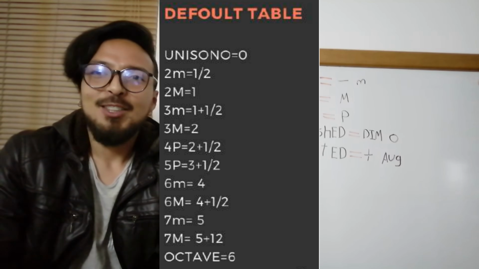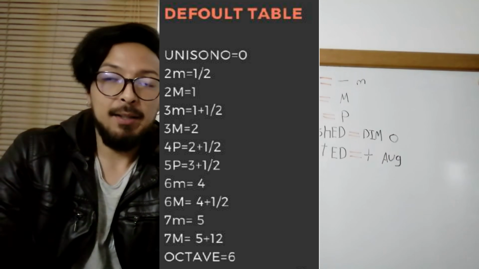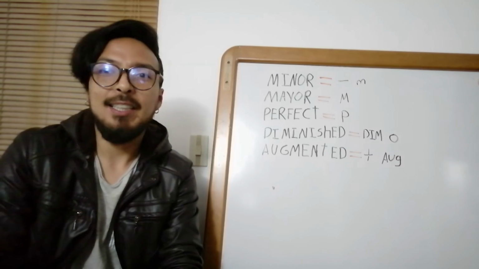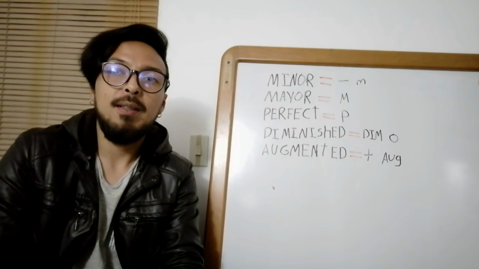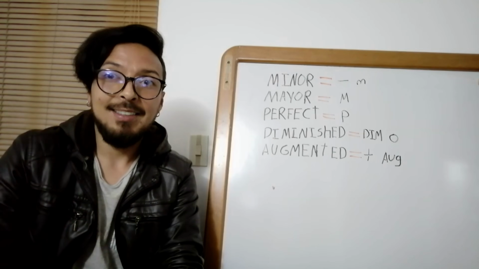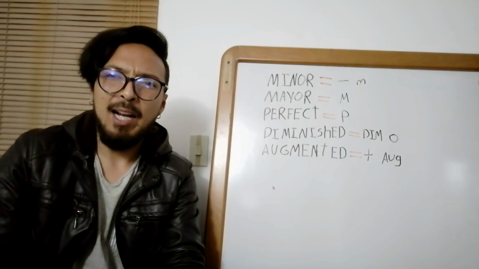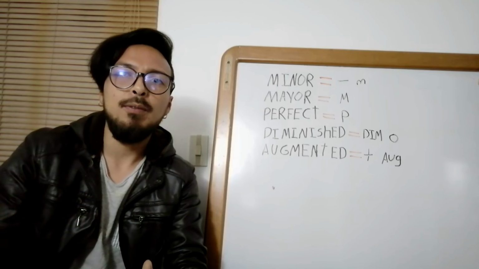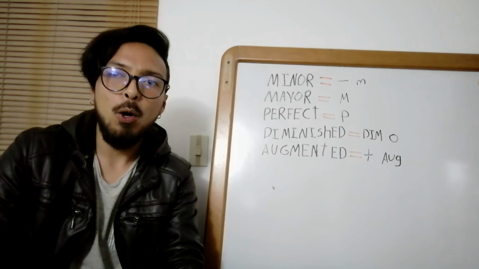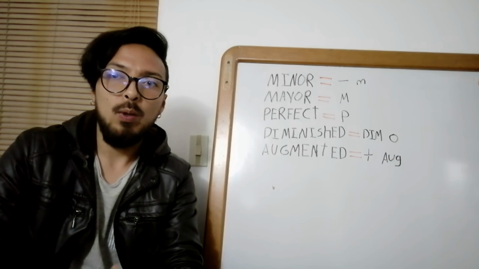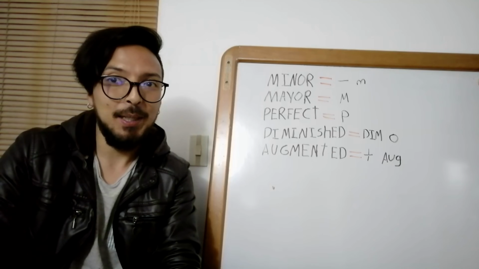Perfect. So now we are prepared to find the quality of our interval. Let's start to practice. I know that it can sound a little bit confusing, but it will be clearer when we do that. So let's begin.